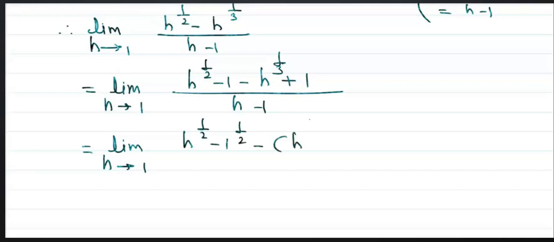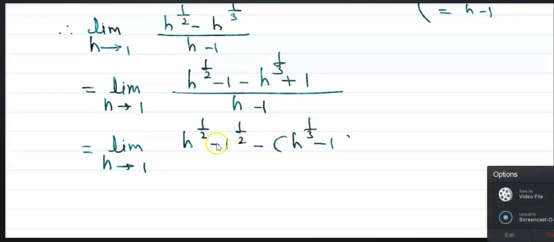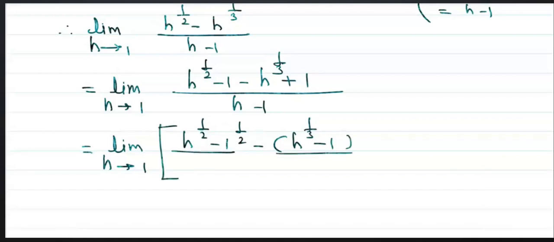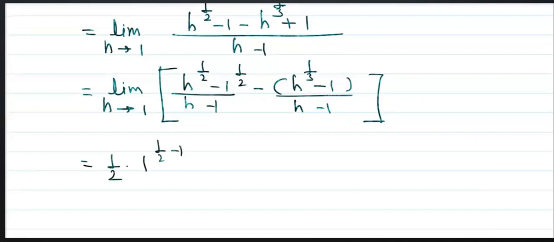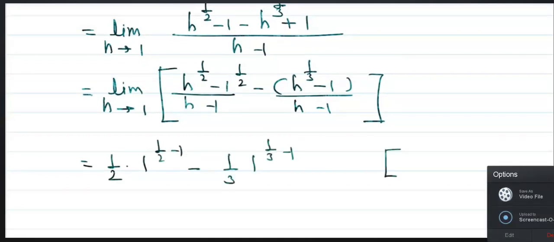Therefore, limit h tends to 1. Now see here how I have written. That is, h raised to 1 upon 2 minus 1 raised to 1 upon 2, minus, taking the minus sign as common, h raised to 1 upon 3 minus 1, and divide these two quantities by h minus 1 and h minus 1. And then you will get the result like this. This is important.